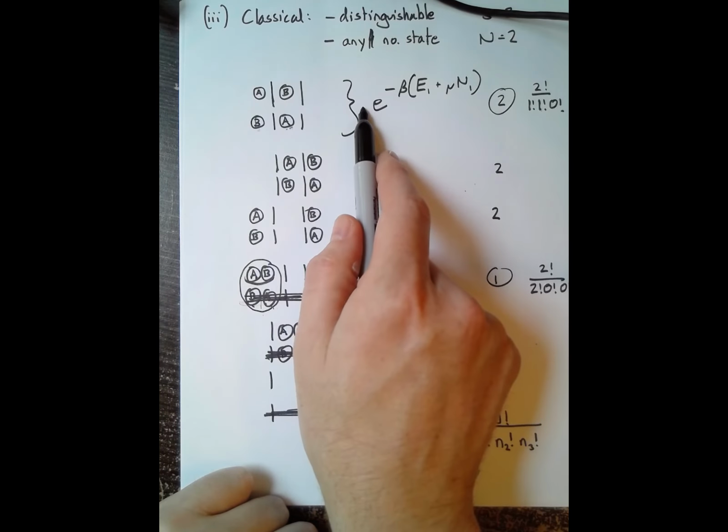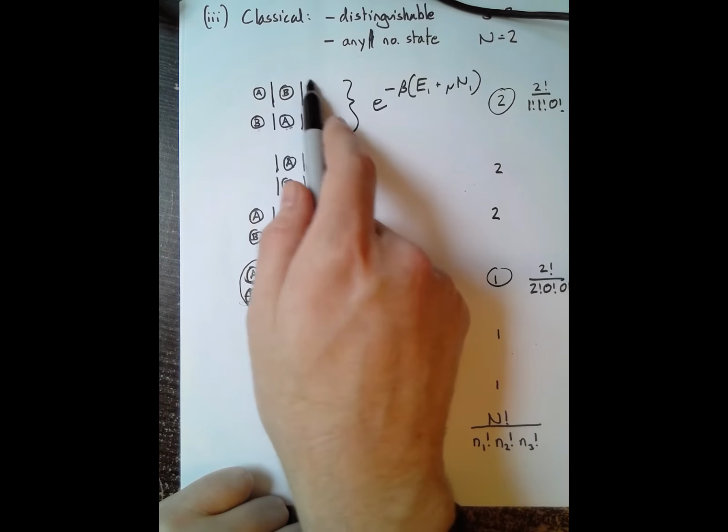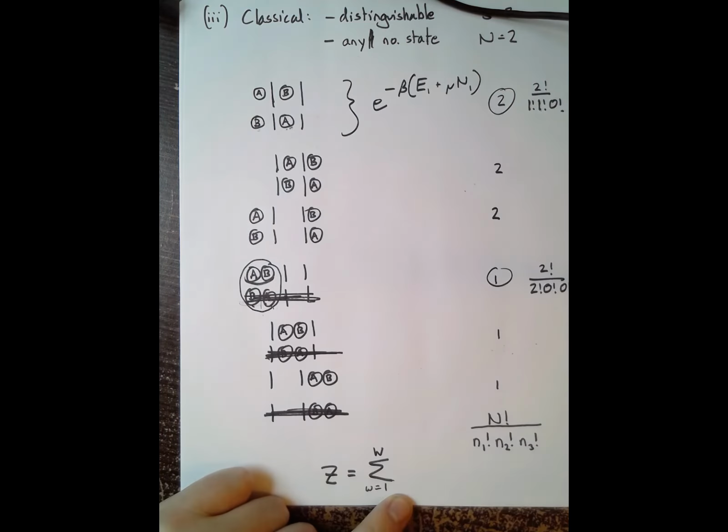There's a factor of 2 because I have to write down this Boltzmann factor both for this state and this state. So I need to include this factor here multiplying e to the minus beta (E_W minus mu N_W).